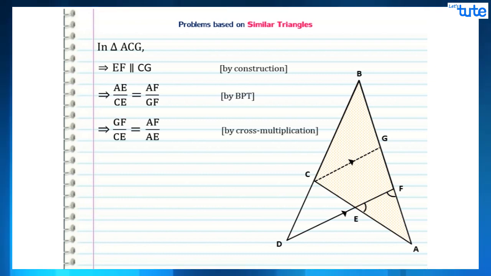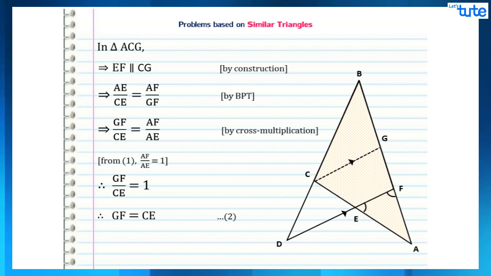On cross multiplying, we get GF upon CE equals AF upon AE. But from equation 1, we know that AF upon AE equals 1. Therefore, by substituting this in the above equation, we get GF upon CE equals 1. Therefore, GF equals CE. We'll consider this as equation 2.